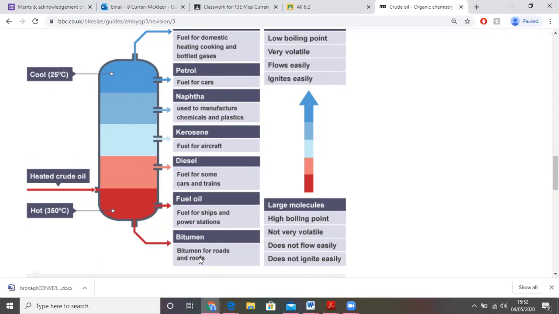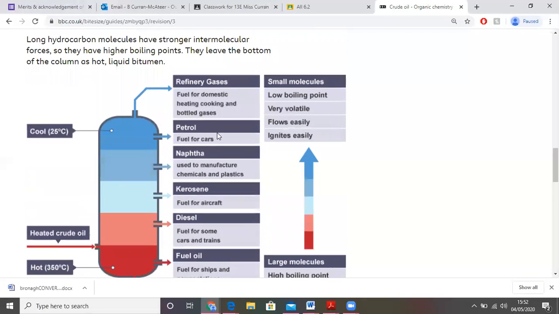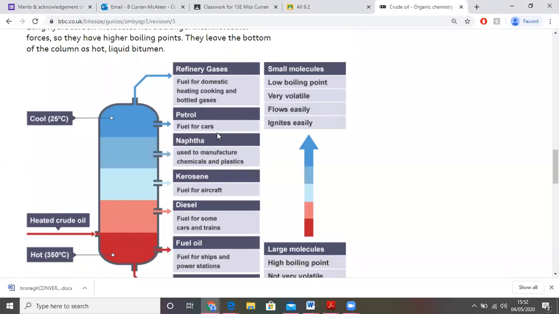Now, none of these fractions are made up entirely of one molecule. The refinery gases, for example, could be methane, ethane, propane, and butane. Then you have from 5 carbon molecules to 8 carbon molecules, from 9 carbons to 12 or 13 carbons.